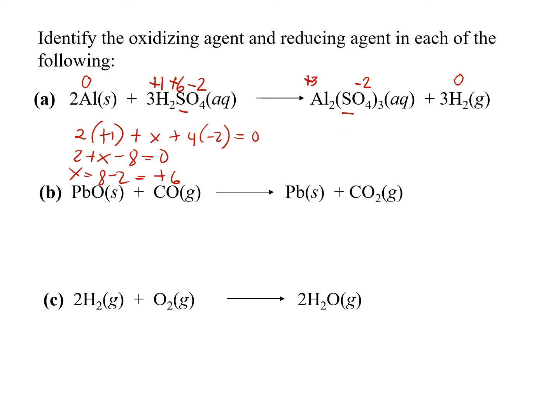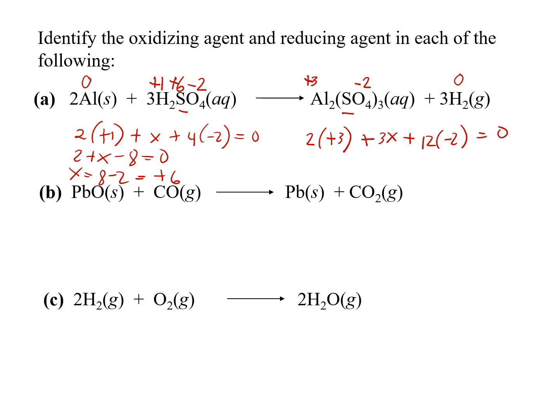Same process. We have 2 aluminum, and each aluminum comes from the monatomic ion aluminum 3 plus, so the most common charge is positive 3 for aluminum. So we have 2 times 3, plus how many sulfur do we have? We have 3 sulfur, so plus 3x. And then we have 12 oxygen times negative 2, equal to 0, since there's no charge overall.